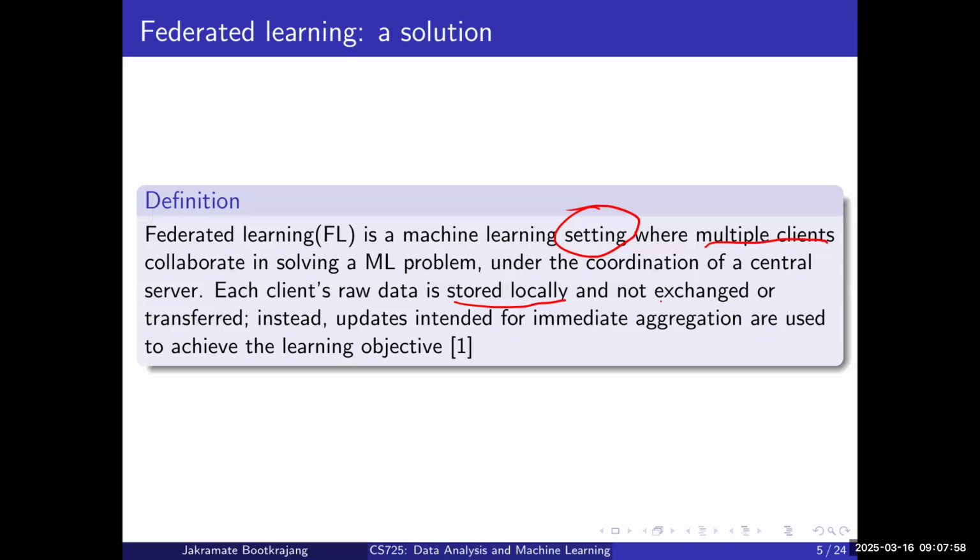And it's not exchanged or transferred, right? So the data stays in place. One client cannot see the data of another client. Even the server who actually communicates with each client also cannot see the data. So what can be exchanged between client and server?